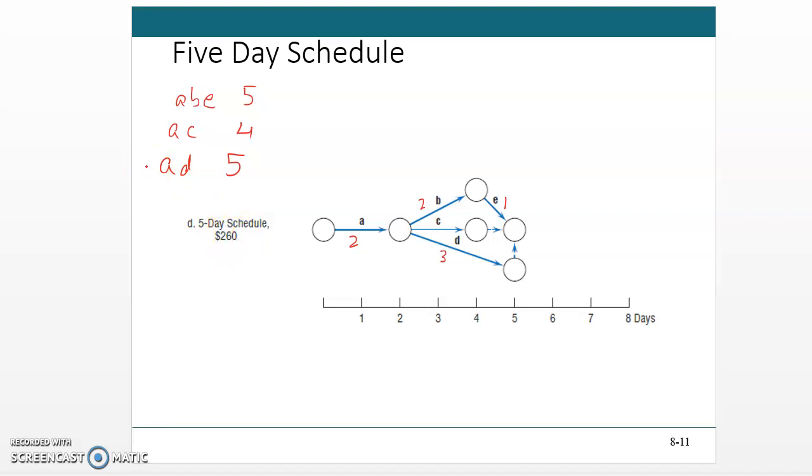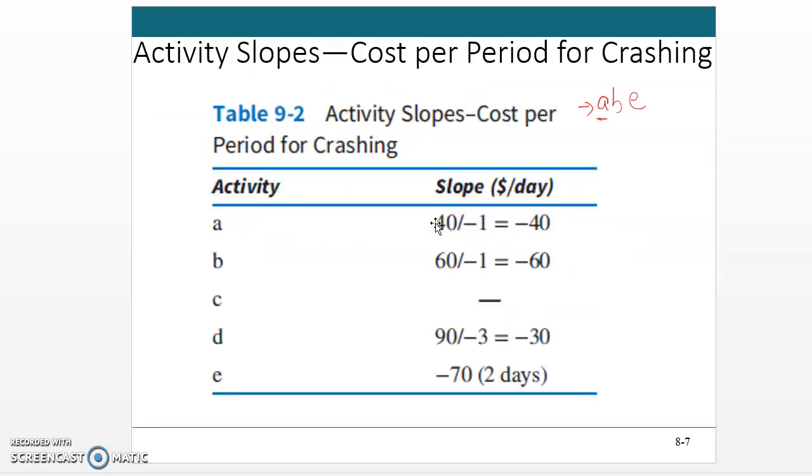It's because the original cost was $120. Then for reduction of A, it would increase by $40. No change in B. E was changed from 3 to 1, so there will be $70 more, and D was changed from 4 to 3, let me check.